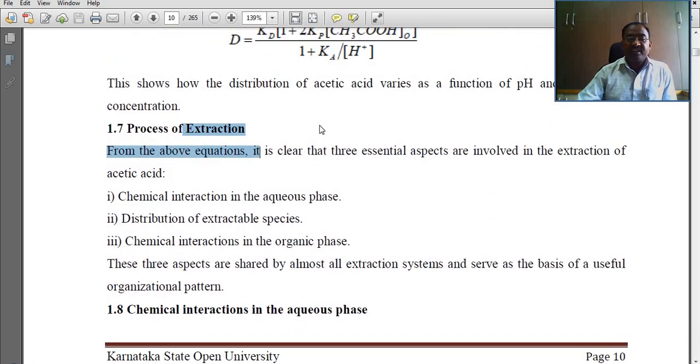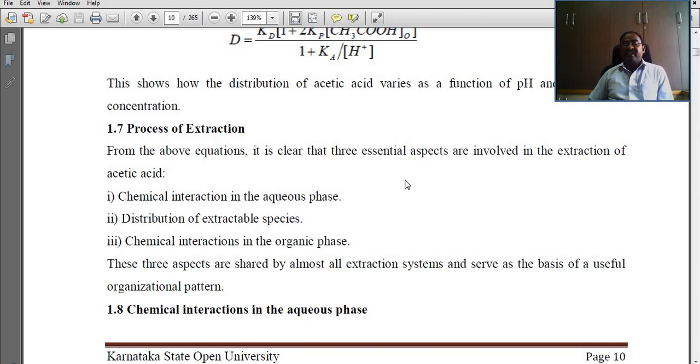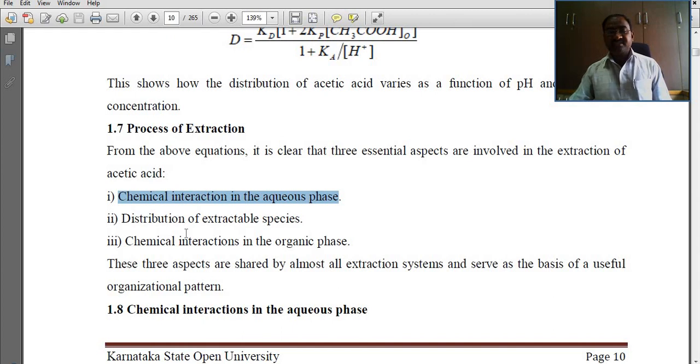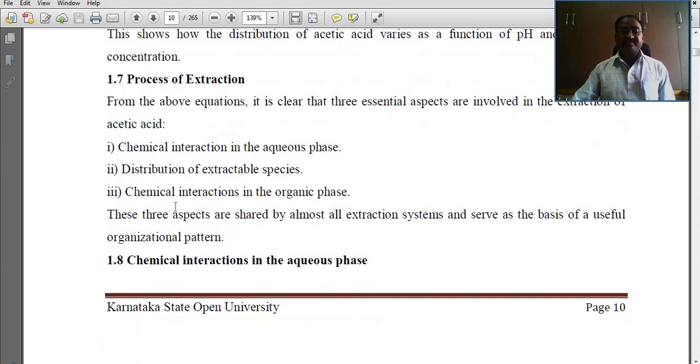The process of extraction involves some essential aspects: chemical interactions in the aqueous phase, distribution of extractable species, and chemical interactions in the organic phase.